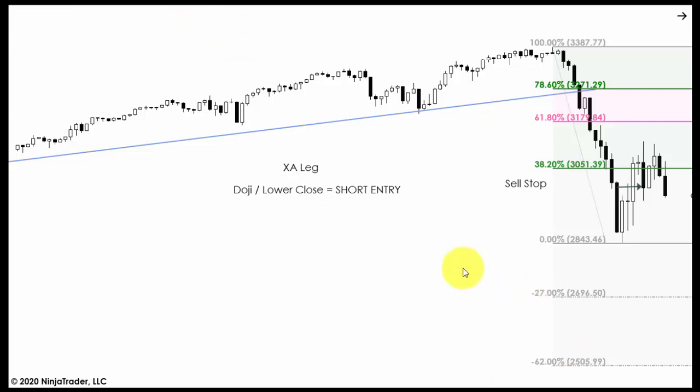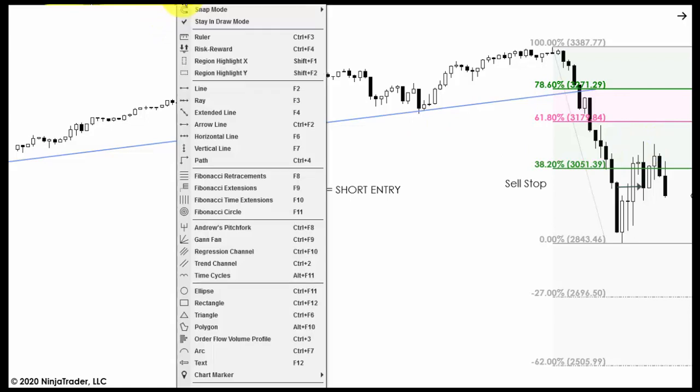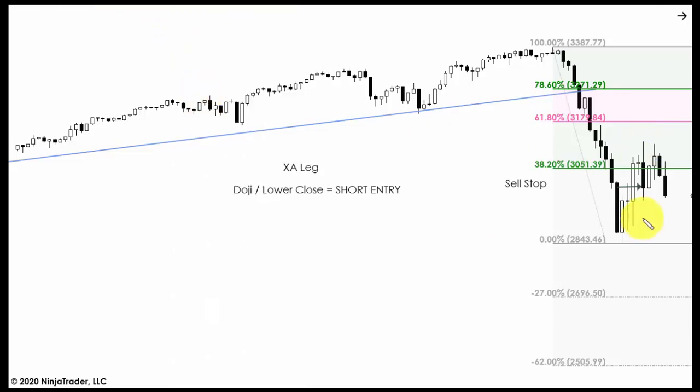So just the base Fibonacci extension shows me I've got a beautiful extended target. If the 50% Fibonacci retracement right here holds, which it did, then my minimum expectation is that we would go down and retest or test that 127 extension.